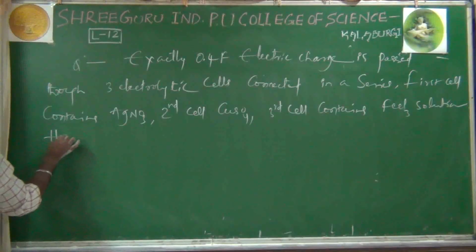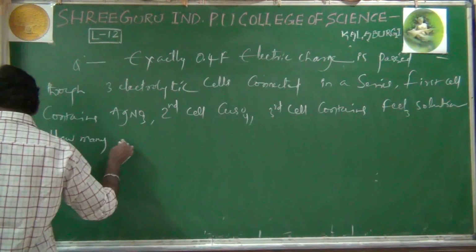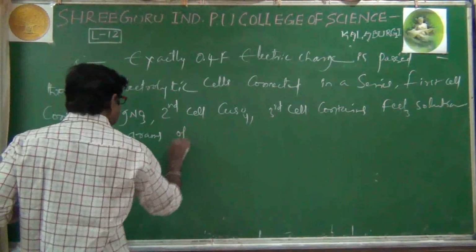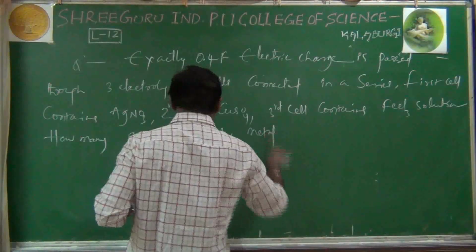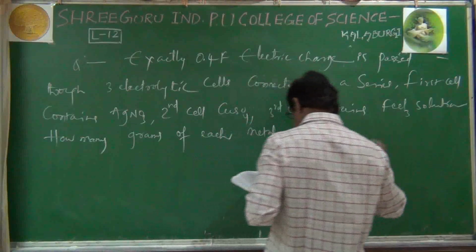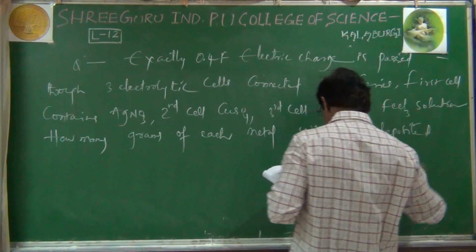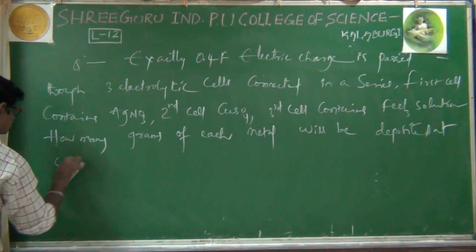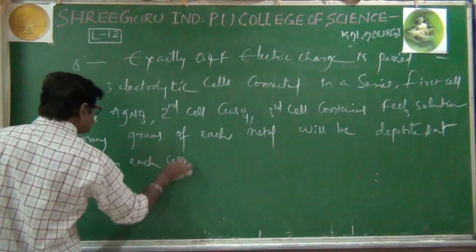Then how many grams of each metal will be deposited at the cathode in each cell? That's all.